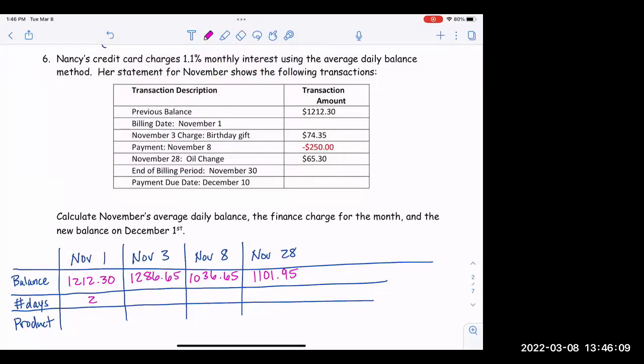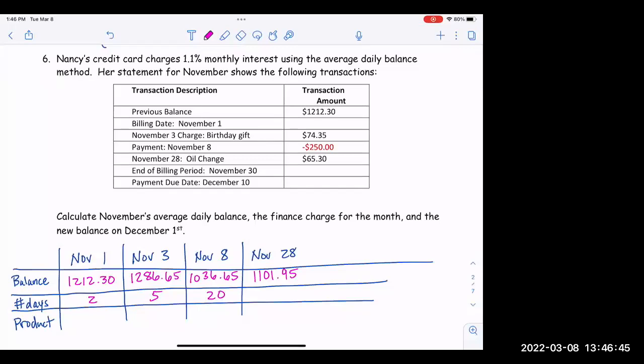Then on November 3rd, the balance changed to $1,286.65, and it stayed at that until the 8th when we made a payment. That would be 5 days: the 3rd, 4th, 5th, 6th, and 7th, right? Then it changed on the 8th, and it stayed at that until the 28th. That would be 20 days, from the 8th through the 27th.